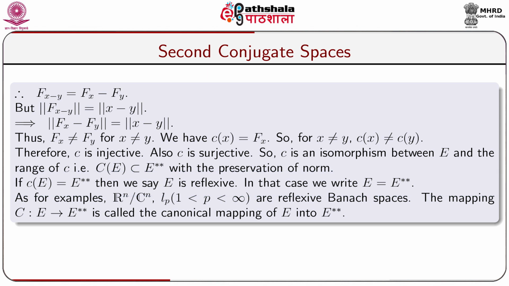As per examples, the normed linear spaces Rn, Cn, and Lp, where 1 less than p less than infinity, are reflexive Banach spaces. Because if we consider the normed linear space Rn, then we have seen in module 1 its first conjugate space, or its first dual, is also Rn.